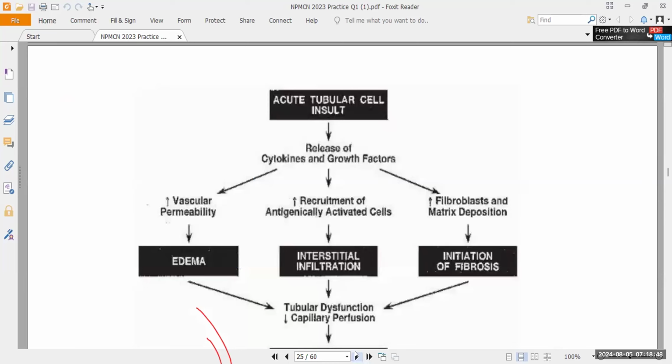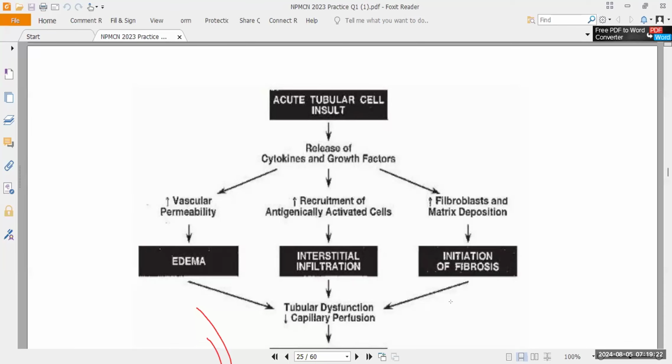So this is just a slide showing the pathophysiologic mechanisms of acute tubulointerstitial nephritis. It causes edema due to increased vascular permeability. It also leads to interstitial inflammation as a result of increased recruitment of antigen-activated cells, and also leads to fibrosis due to increased fibroblasts and matrix deposition.